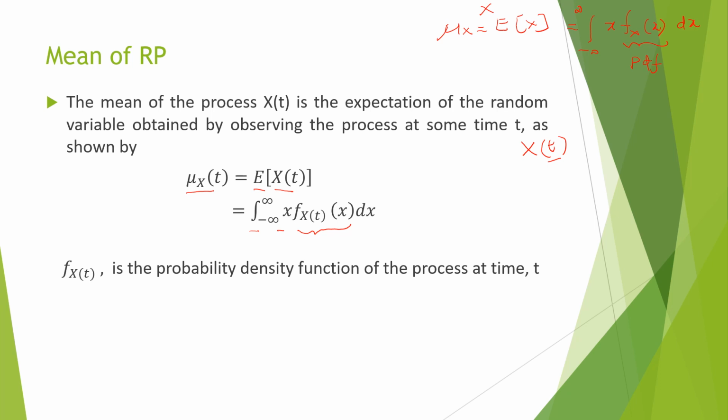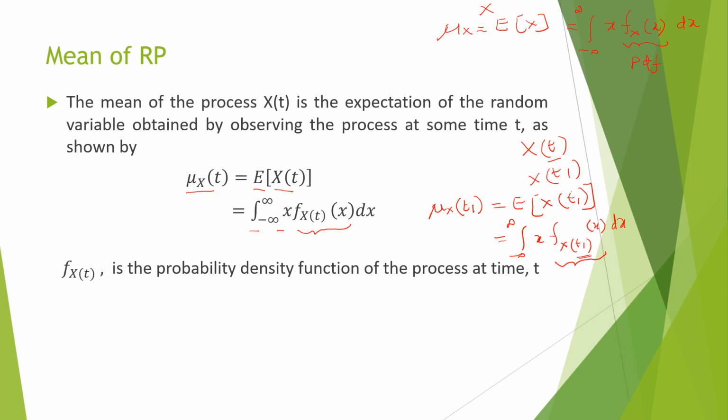Suppose I want the random process at time equal to t1, then it becomes X(t1). In that case, the mean value is mu_X(t1) equal to the expectation of X(t1), and that is given as the integral from minus infinity to infinity of x f_X(t1)(x) dx. Here f_X(t1)(x) is the probability density function of the random process at time t equal to t1.